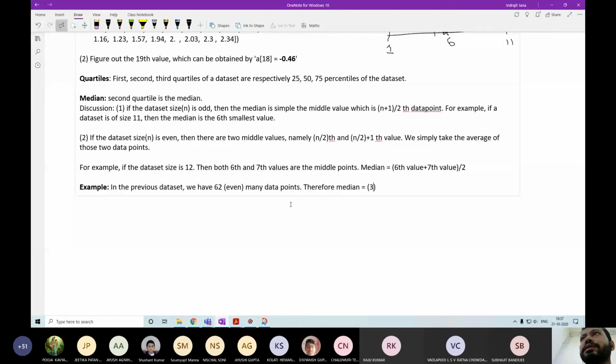One is the 31st plus the 32nd, those values, so 31st value plus 32nd value divided by 2. If you run the Python command, it would be this a. So 31st value has index 30 actually, as I keep saying, and 32nd value has index 31, divided by 2. So this will give me the median.